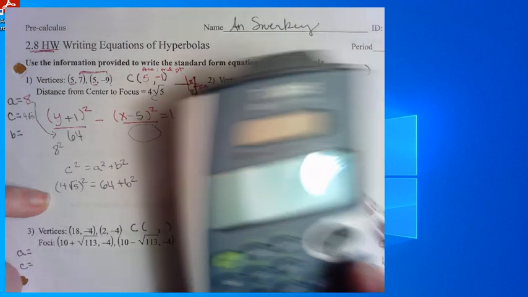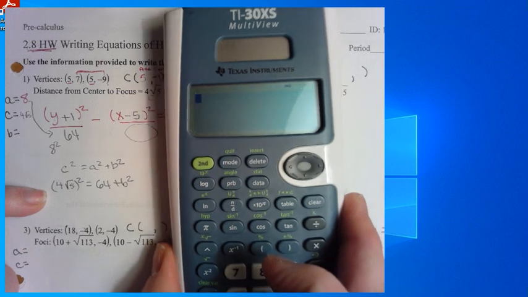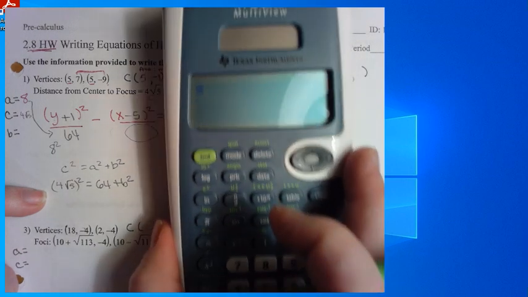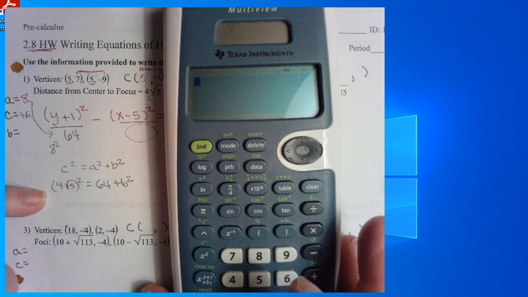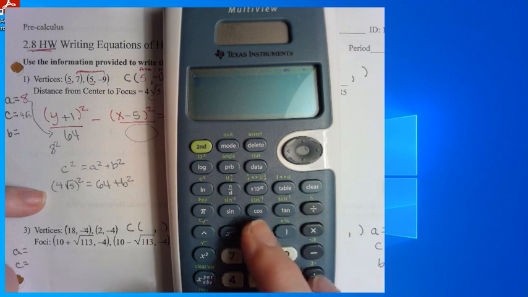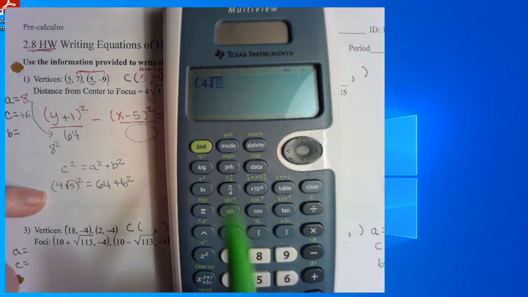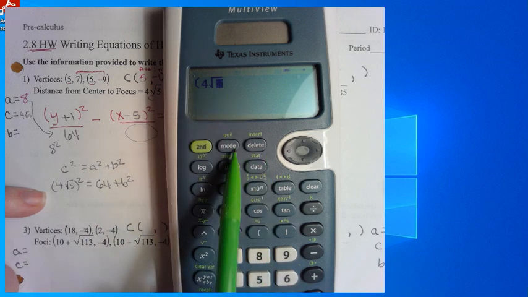Now, I'm going to pull my calculator in, and I'm going to show you what you need to type. You need to type the square root, 4 times the square root. So I need parentheses, 4 square root. Now, if you get a parenthesis in here, go back and make sure you're on mode math type.